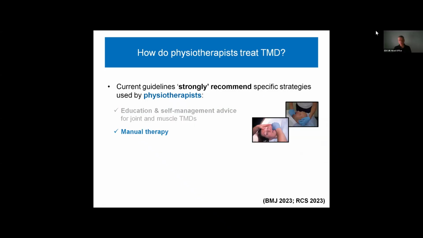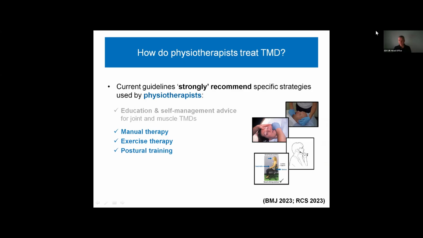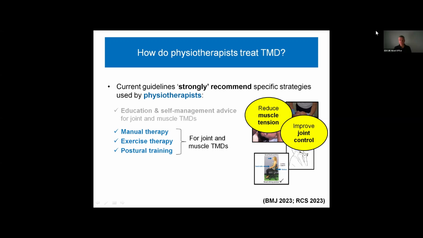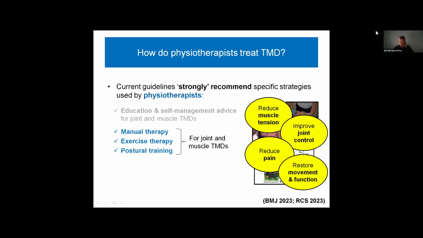Manual therapy, such as massage techniques and manipulative joint techniques, exercise therapy, and postural training, have all been strongly recommended for both joint and muscle TMDs, with the aim of reducing muscle tension, improving joint control, reducing pain, and restoring movement and function.